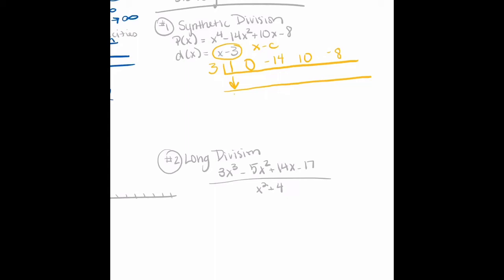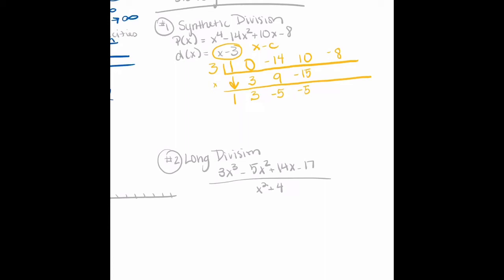So, drop down my 1. 1 times 3 is 3. 0 plus 3 is 3. 3 times 3 is 9. Negative 14 plus 9 is negative 5. Negative 5 times 3 is negative 15. 10 plus negative 15 is negative 5.